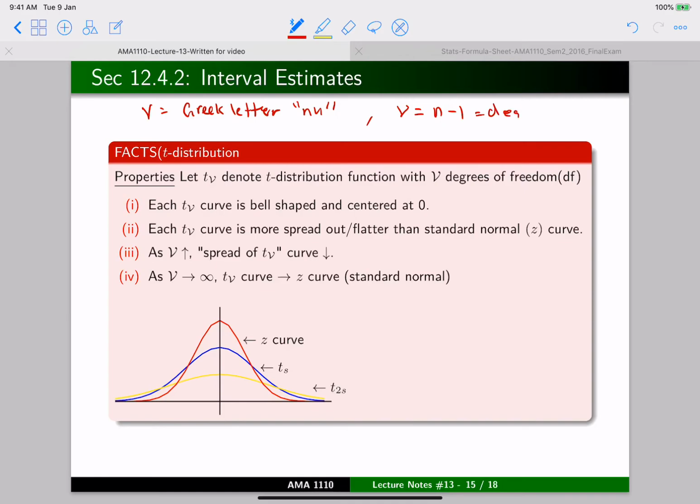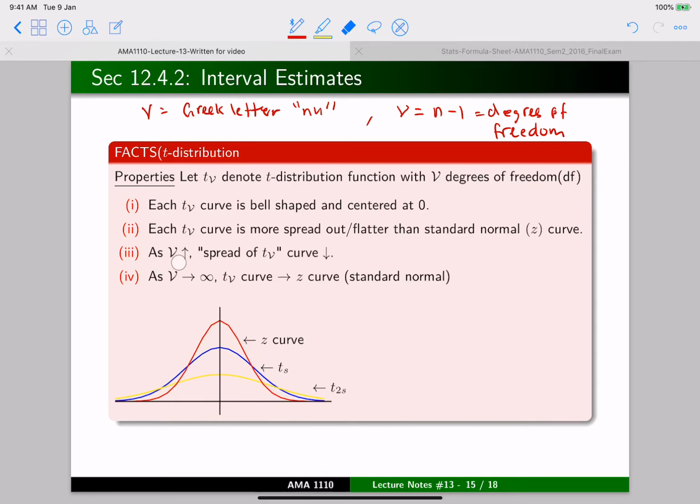Picture it as basically a normal distribution with an extra parameter, the degrees of freedom. It has the same shape as a normal distribution. Each t nu is a bell curve centered around 0, and each t nu is more spread out and flatter than the normal curve. This is the red standard normal curve.